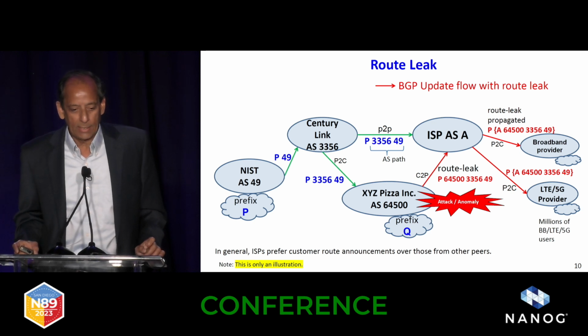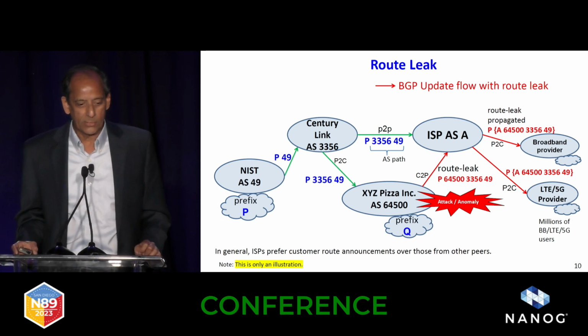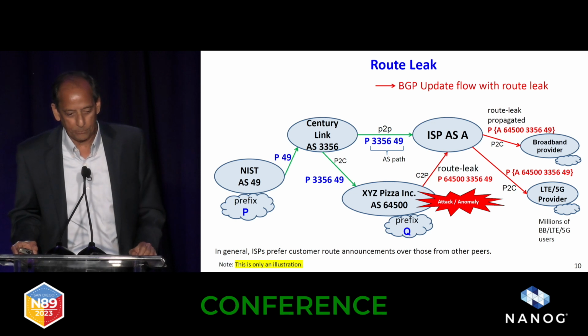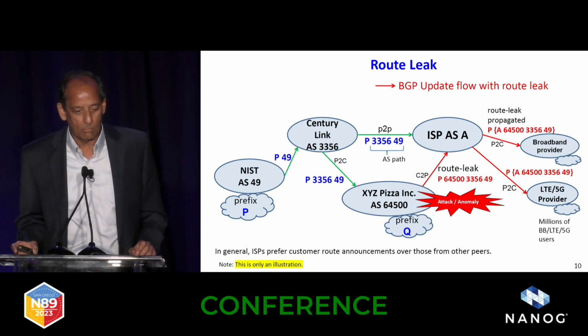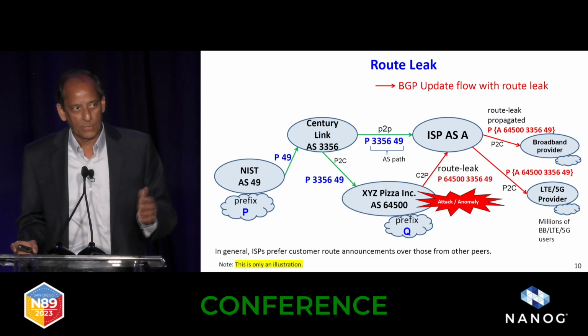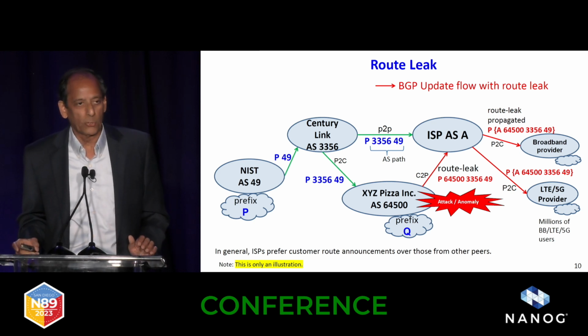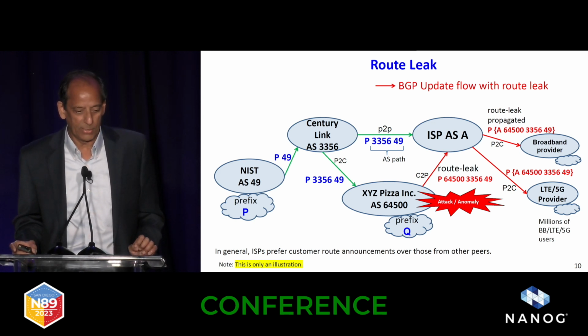So let us begin by looking at what it means to say that there is a route leak. In this picture, my employer NIST network is on the left, originating its prefix P, and this is a picture only for illustration, not depicting real connections in the real world.